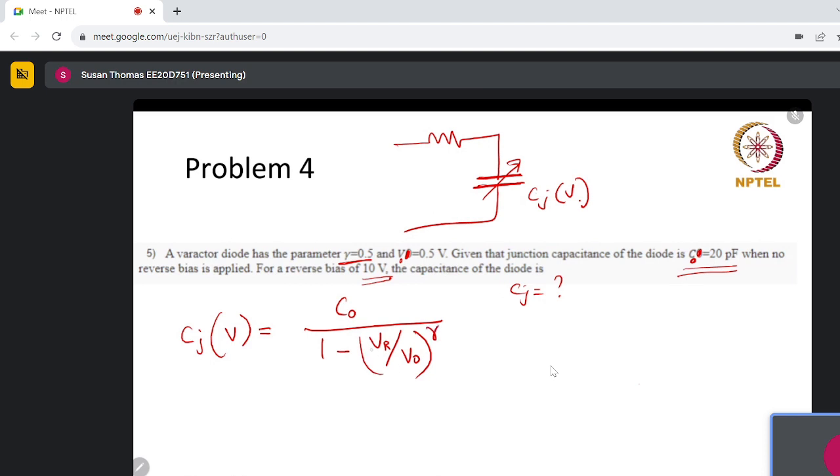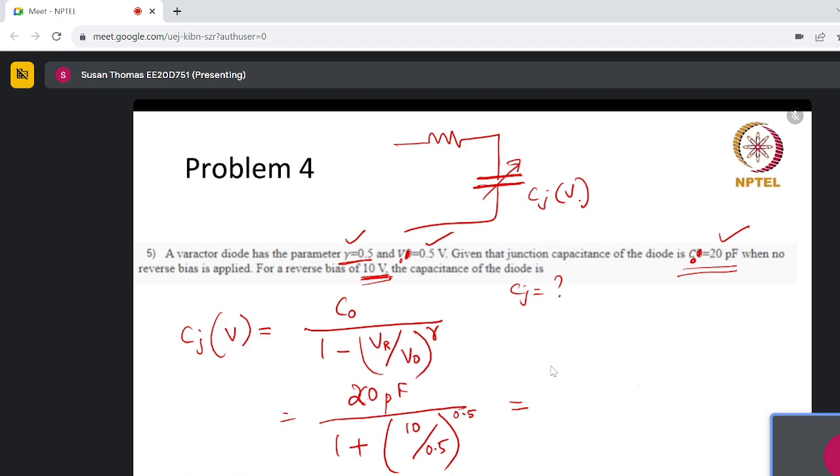Because Vr is the reverse bias voltage, taking a reverse bias of 10 volt, you have to take minus 10, so this becomes plus. C naught is already in the question, 20 picofarad, by 1 plus 10 divided by V naught, which is given as 0.5, raised to gamma. Gamma is the diode parameter which is 0.5. So the final answer for the capacitance needs to be calculated. Picofarad is to be taken as 10 power minus 12.